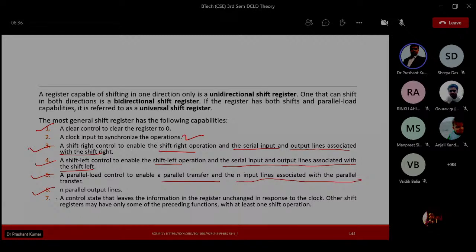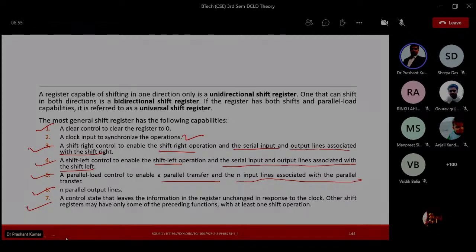It must have n parallel output lines, and a control state that leaves the information in the register unchanged in response to the clock. Other shift registers may have only some of the preceding functions, with at least one shift operation.